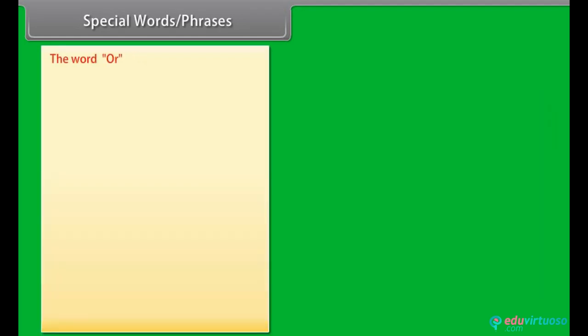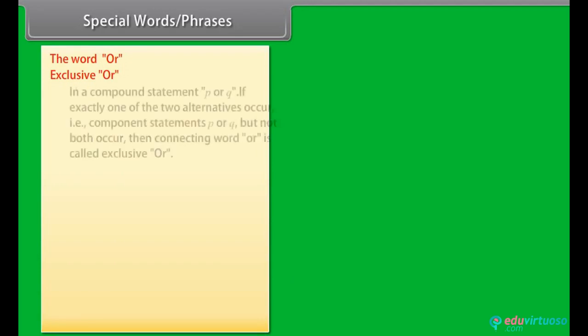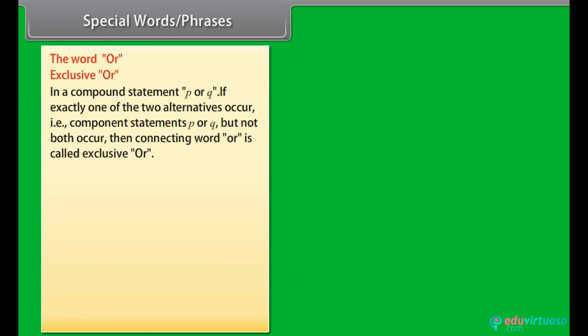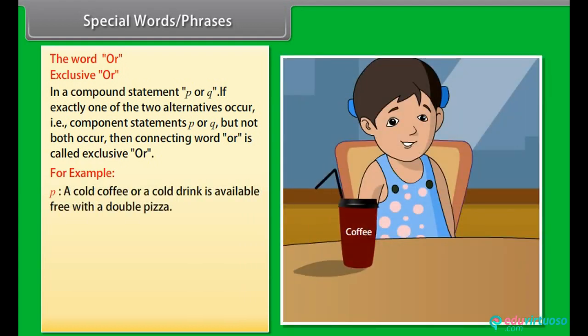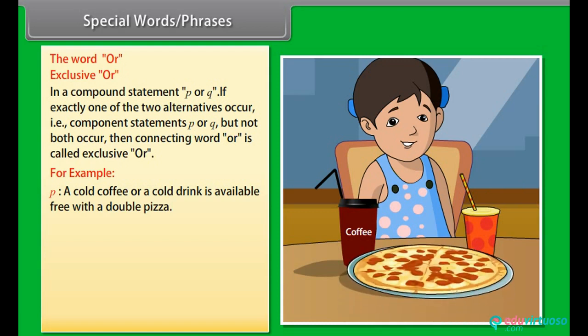The word or. Exclusive or. In a compound statement P or Q, if exactly one of the two alternatives occurs, that is, component statements P or Q, but not both occur, then the connecting word or is called exclusive or. For example, P is a statement that a cold coffee or a cold drink is available free with a double pizza.